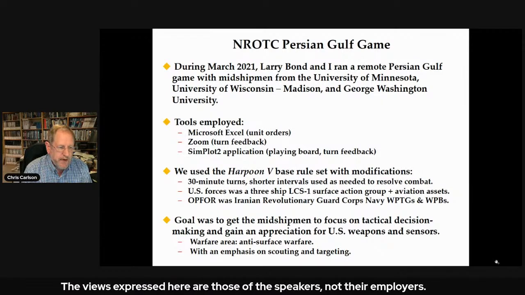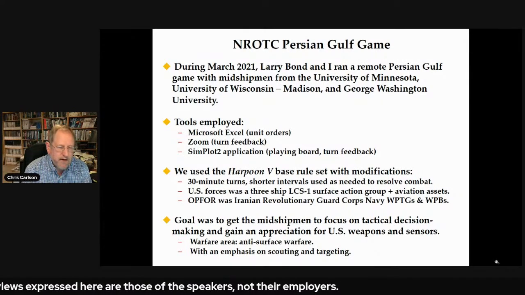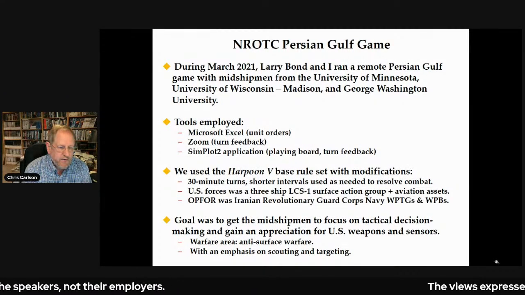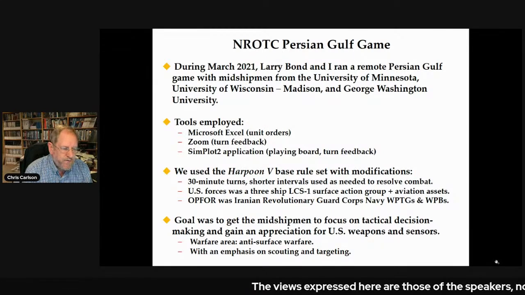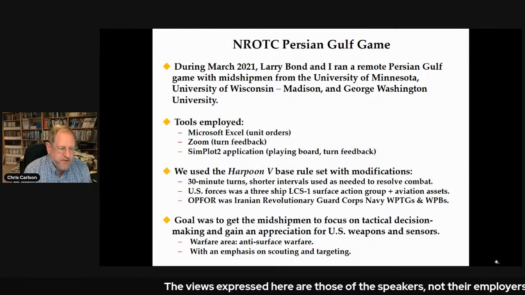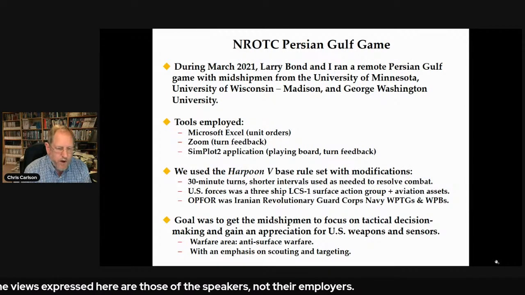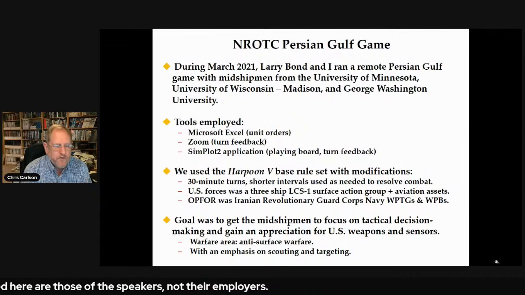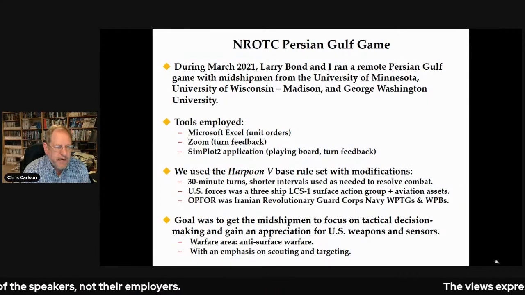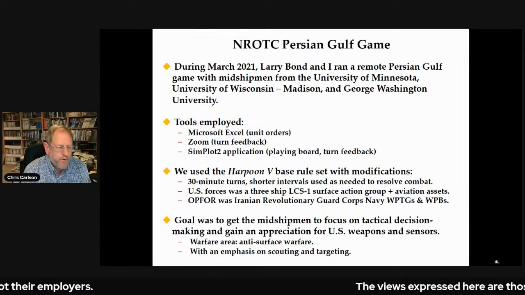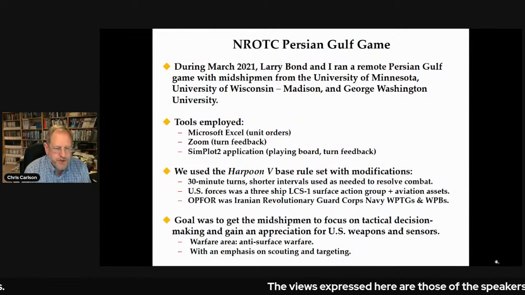We used Excel because everybody's got it from a university perspective. It's fairly easy to use. I could set up a pre-formatted form and they could just type in it. And if they needed more space, they just either clicked down one or made the cell bigger. So we didn't have a huge learning curve on getting us orders for their aircraft or their ships.